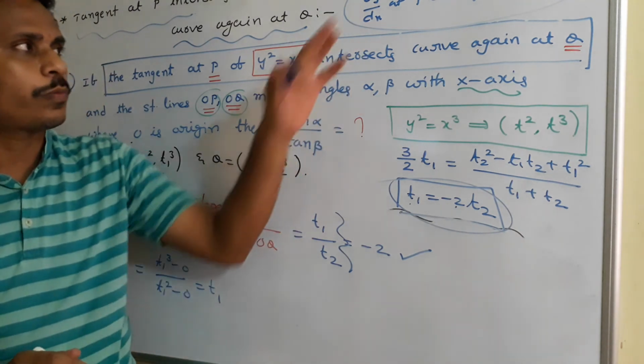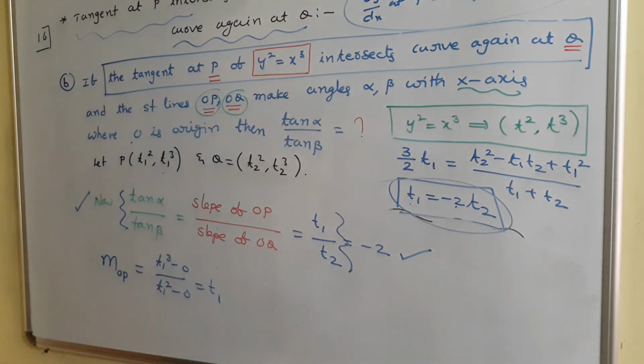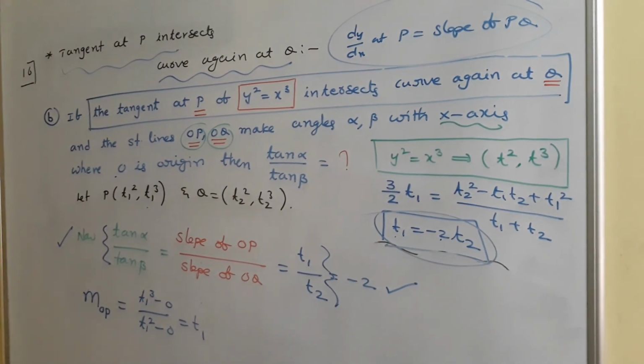You just follow this logic to solve all those problems. So that's for the class. At the end, we need to memorize that if the tangent to a curve at P intersects the curve again at Q, then dy by dx of the curve at P is equal to the slope of PQ. That's for the class.